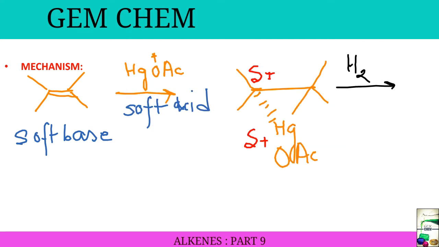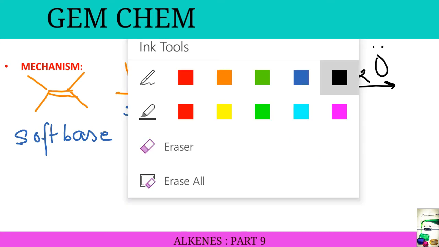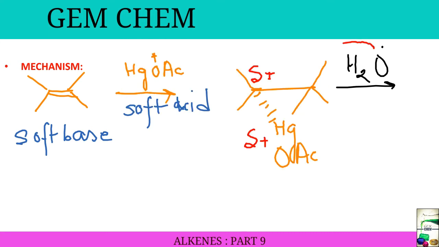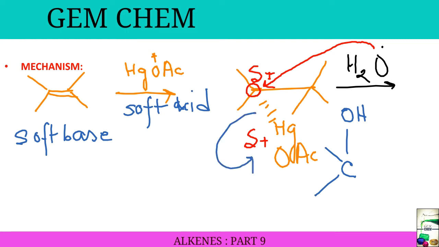This water has a lone pair within it. So this lone pair attacks this portion, that is, this is positive and this is a lone pair having negative charge. So ultimately what we get is C-OH, and this bond opens up, so we get HgOAc.